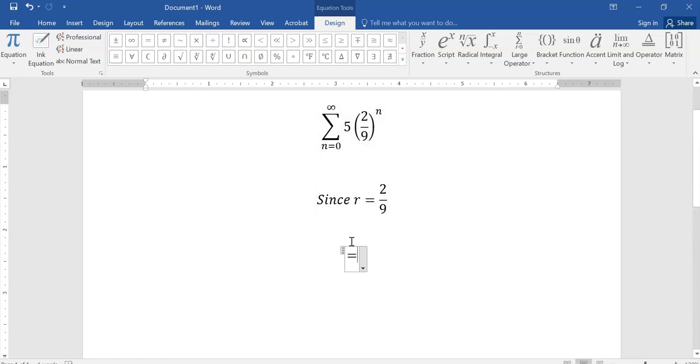All we have to do is write a over 1 minus r, which in this case is 5 over 1 minus 2/9, which is 5 divided by the fraction 7/9.